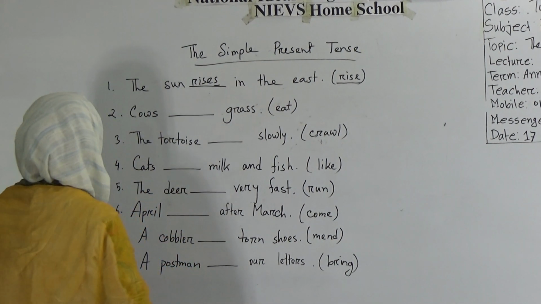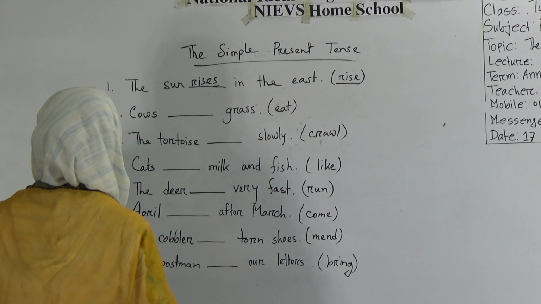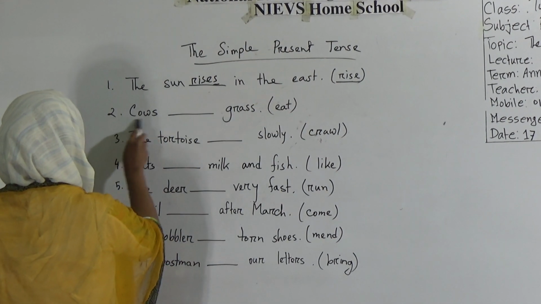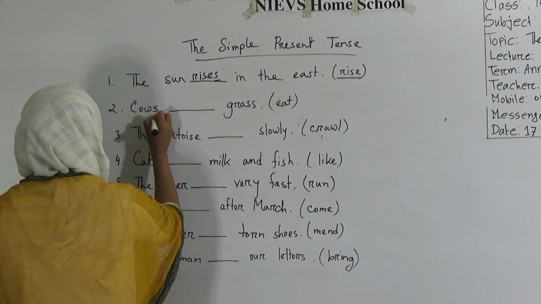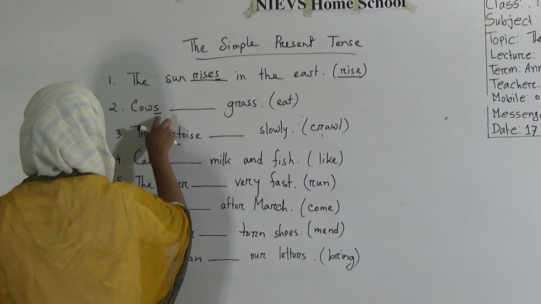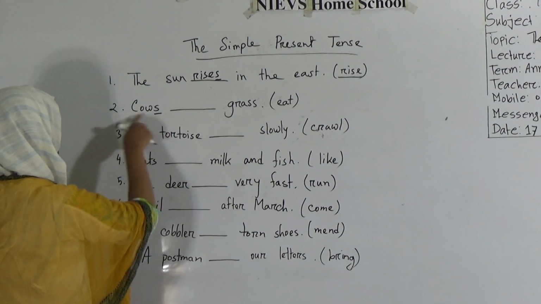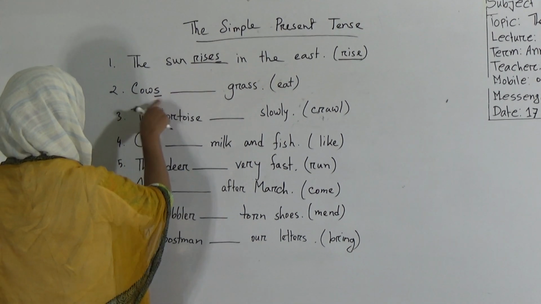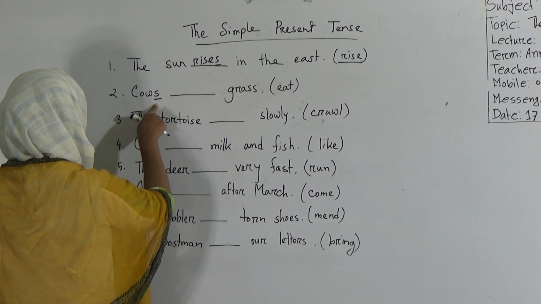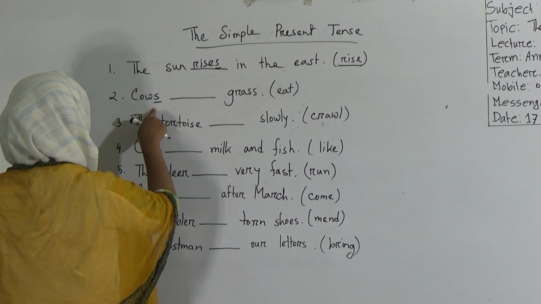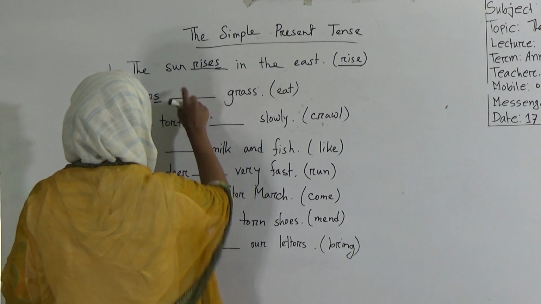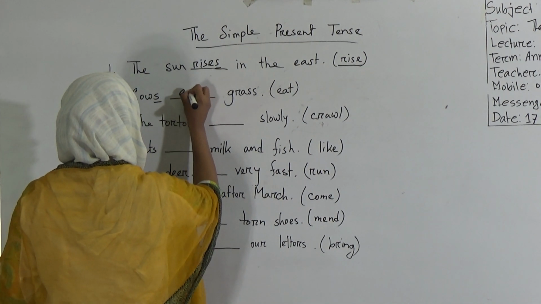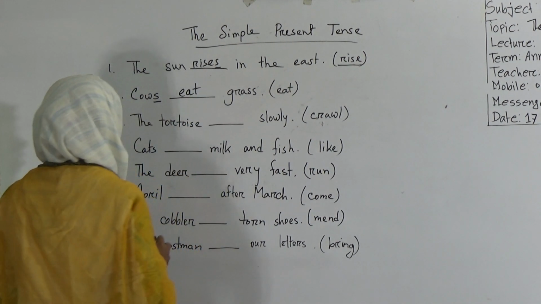Then our second rule: in the simple present tense, if we find the subject is plural, like here, the subject is plural because we can see the s, that means we are talking about many cows, more than one cow. So our verb will be changed according to the subject, and it will be only eat.